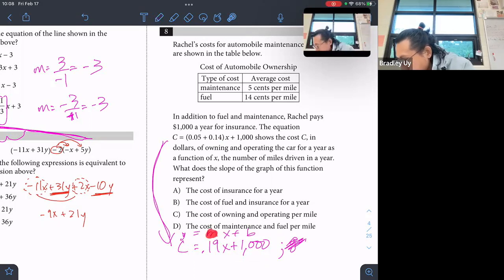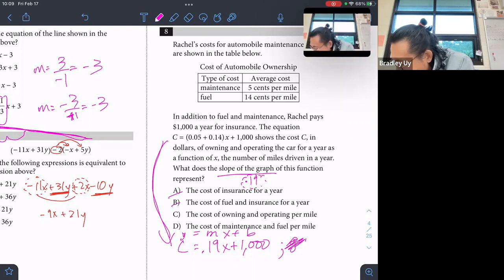The slope corresponds to that number. So they're asking what is the significance of the slope of the graph of this function, which is 0.19. What's the significance of this number? Okay, and it is not the cost of insurance for a year. It's not A, because that's 1,000. It is not the cost of fuel and insurance for a year.